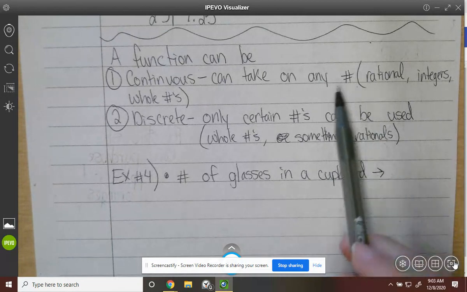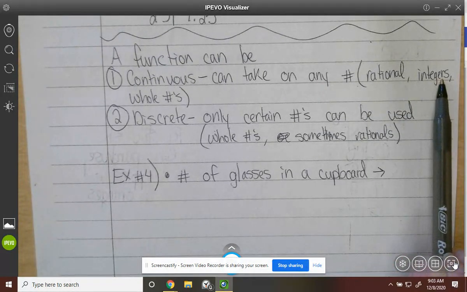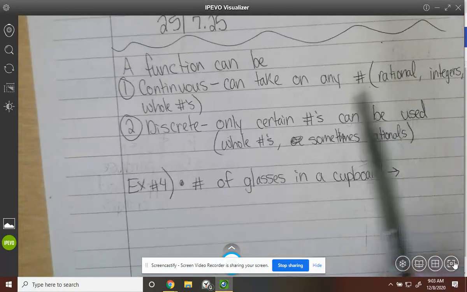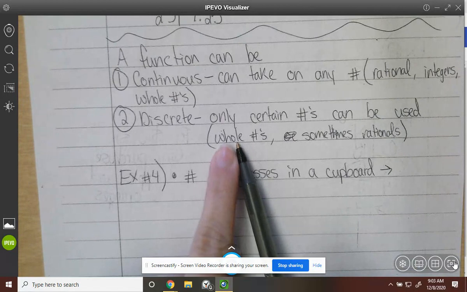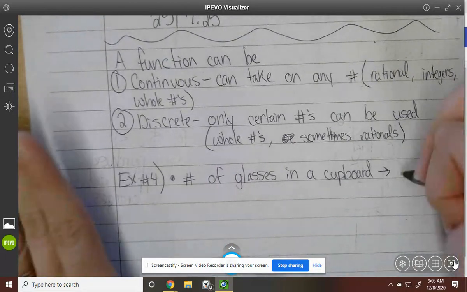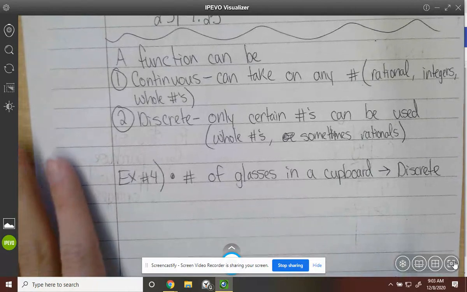Can I have any type of number of glasses in a cupboard? Could I have a negative number of glasses in a cupboard? No. Can I have a decimal amount of glasses in a cupboard? No. I can only have whole number glasses, right? 1, 2, 3, 4, 5. I can't have 1.5 glasses in a cupboard. So this is discrete because only whole numbers work for that one.